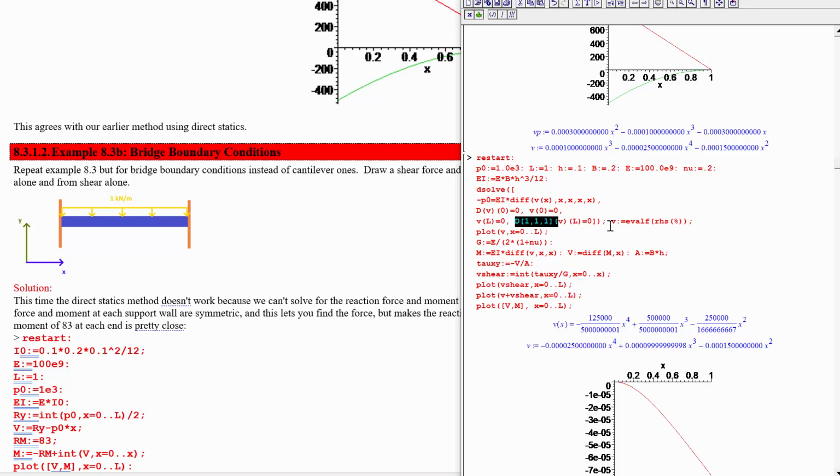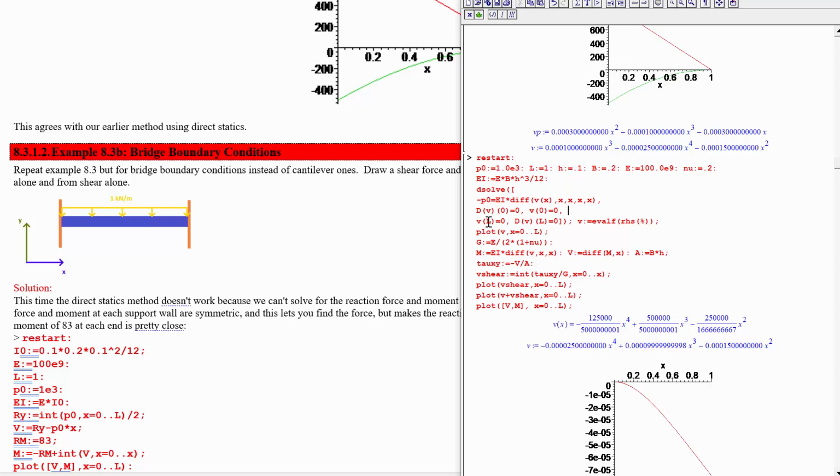And rather than the shear force being 0 at the right-hand side because it's free, we'll say that the first derivative of v, the slope, is 0 at the right-hand side because it's fixed. So the same boundary conditions at x is 0 as when x is equal to L. Yes, so there's our new set of boundary conditions.